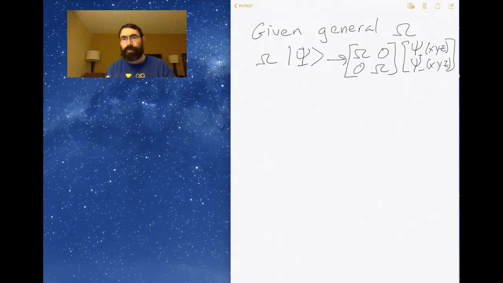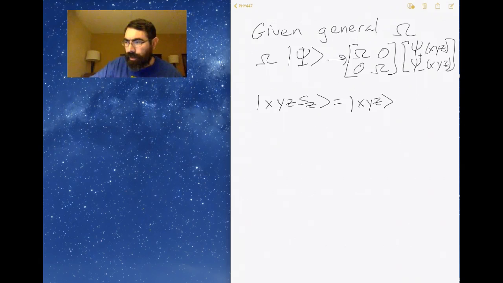It turns out spin can be completely separated from the Cartesian coordinates, and so this basis x, y, z, and spin, I should be able to write this as the state x, y, and z, and a union with the state that is the spin.